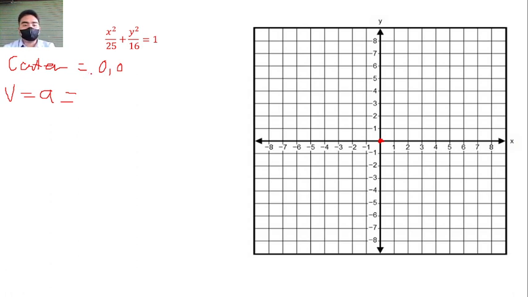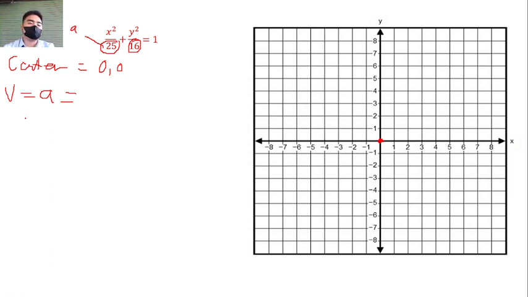You could see that 25 is larger than 16, so therefore 25 is our major axis. So when this is our major axis already, this is our A, because vertices is larger than co-vertices, isn't it?